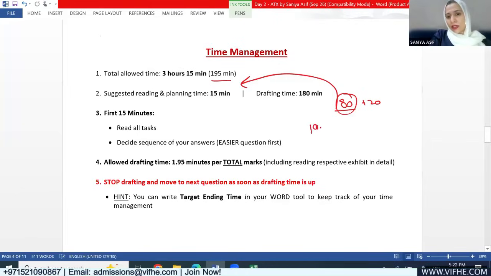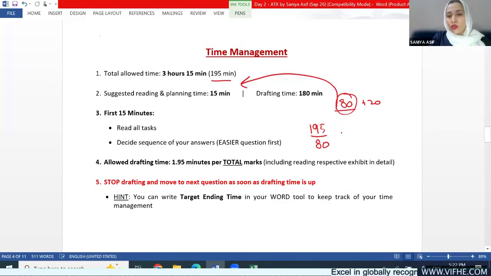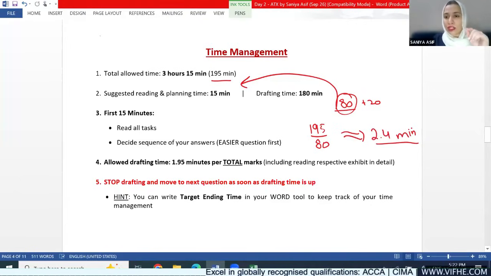So how many minutes per mark will you be requiring? I shall have to open the calculator, obviously. So it's 195 divided by 80. Approximately you have 2.4 minutes, a little bit more than 2.4 minutes, to deal with 1 mark.